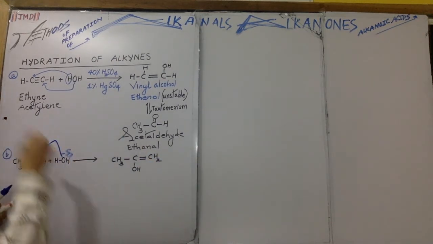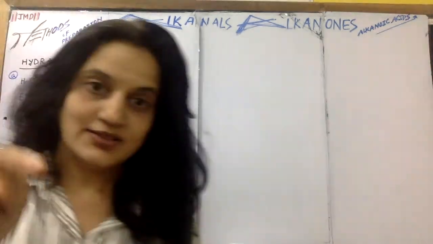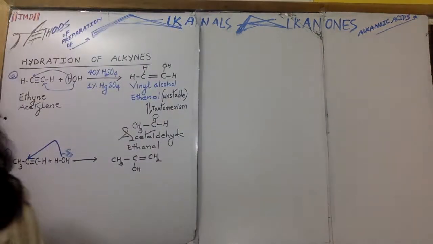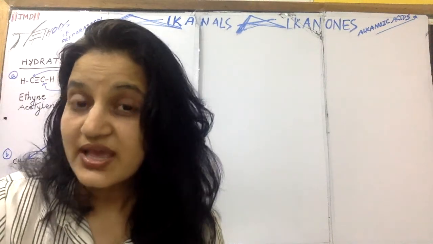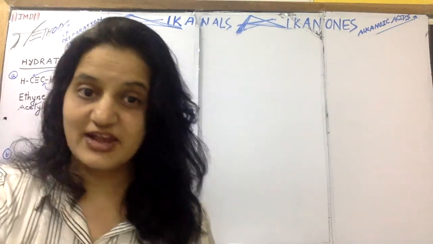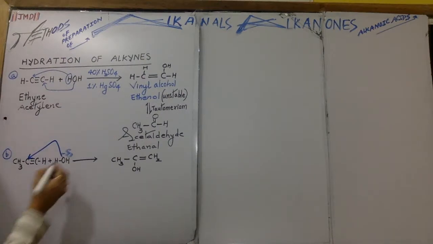So how can we get an aldehyde? Any alkyne you take, the OH will come in the center, and whenever oxygen is in the center, we can't get an aldehyde, because aldehydes are primary, and the position of the aldehyde functional group is always position 1.